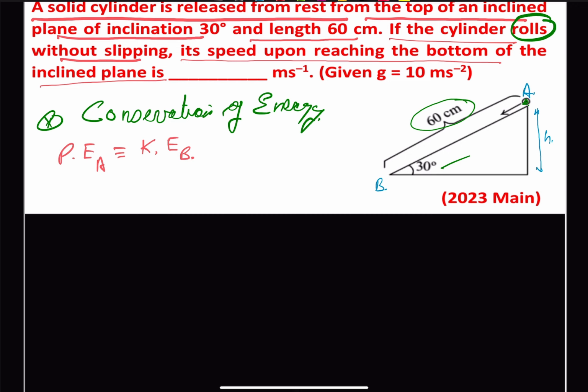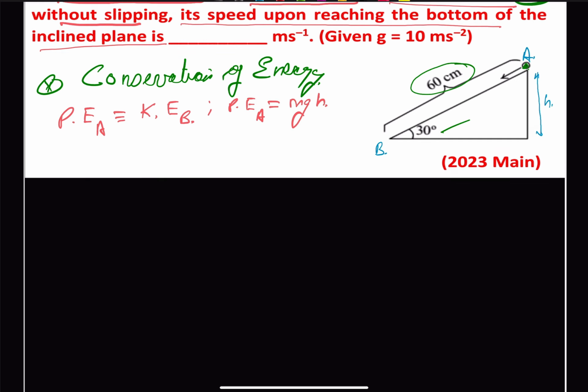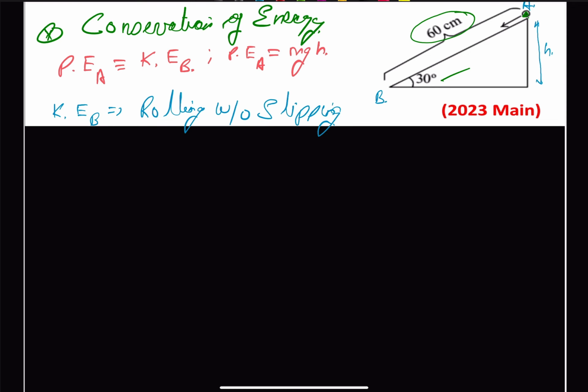And potential energy at A will be equal to mgh, and kinetic energy at B, as the motion is rolling without slipping, will be equal to kinetic energy translational plus kinetic energy rotational.